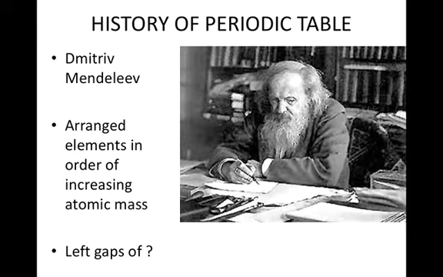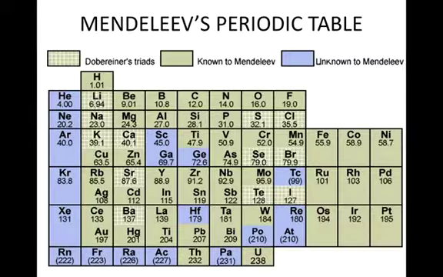He was, at the time, unaware of several atoms that had yet to be discovered, but he believed that their presence existed. So his periodic table, imagine if you will, putting down element names and atomic masses on note cards, and then arranging them in such a way. And he left holes or gaps for certain elements that he believed to be present.